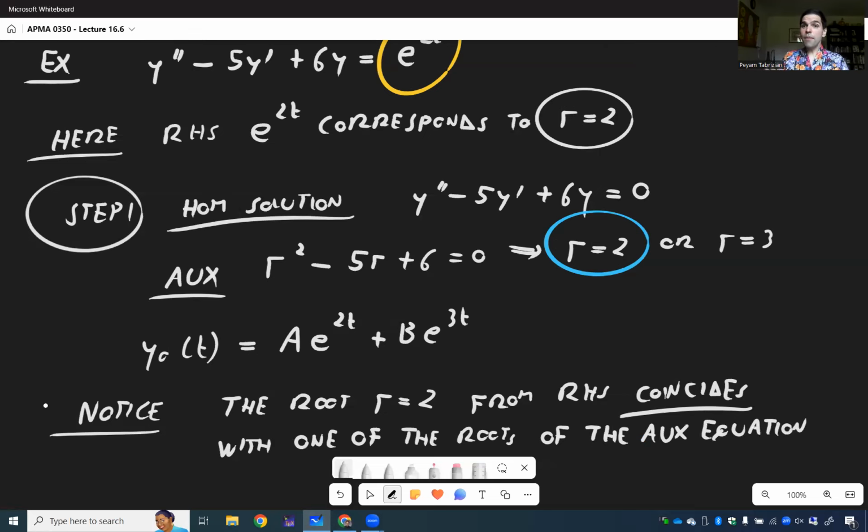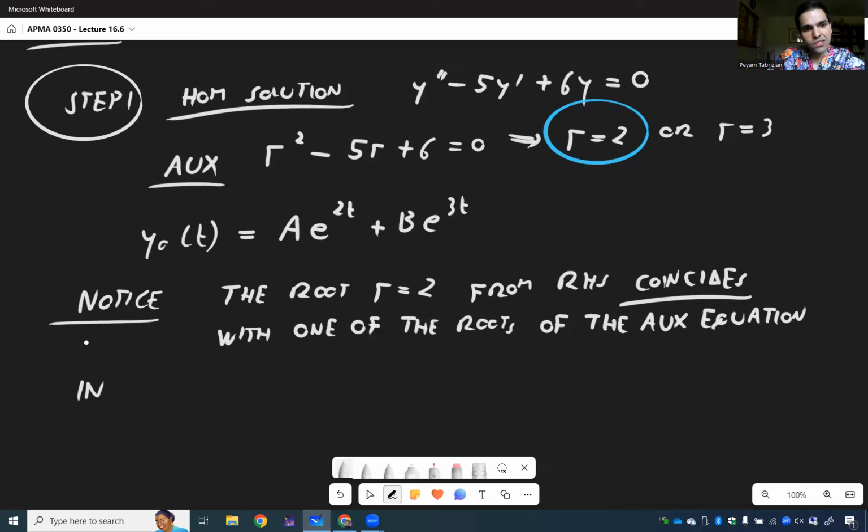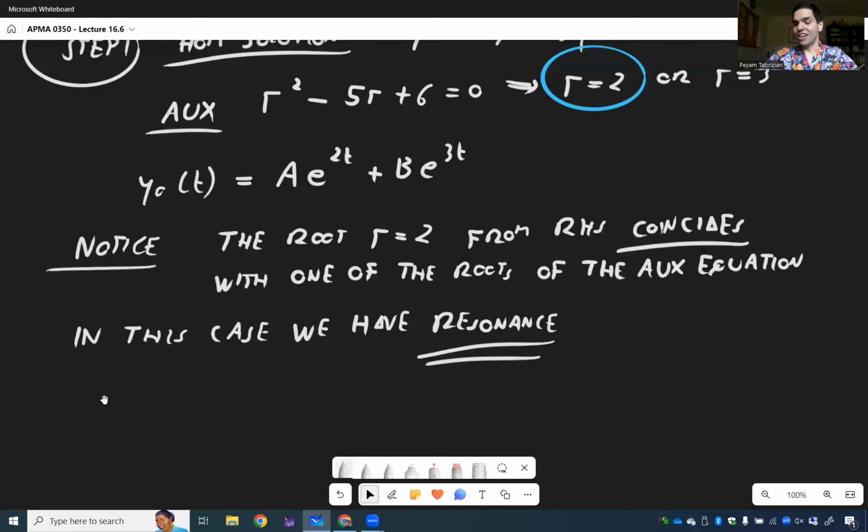And if that happens, there is an important exception called resonance. So in this case, an alarm should go off in your head because it's time for resonance. Resonance. Da-da-dum. Dramatic music. What is resonance?